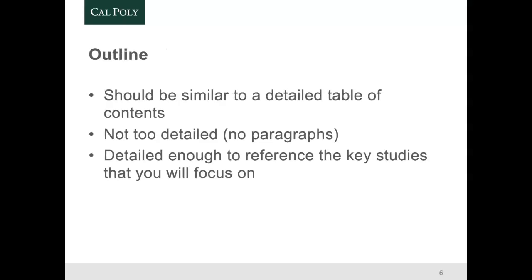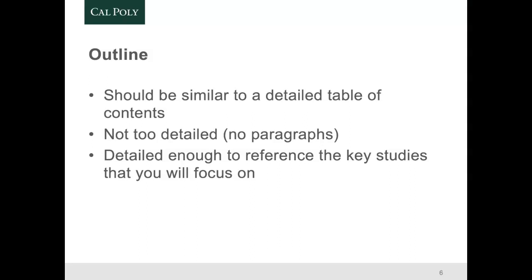Your outline, I want you to think about it as kind of like a table of contents. You've got the main topics and themes that you're going to cover in your literature review. You don't want it to be too detailed, meaning that you're not writing paragraphs at this point.